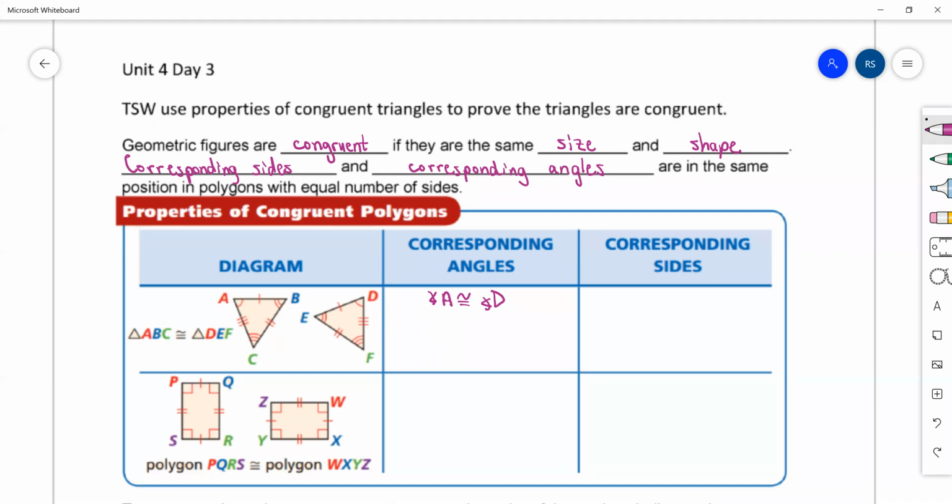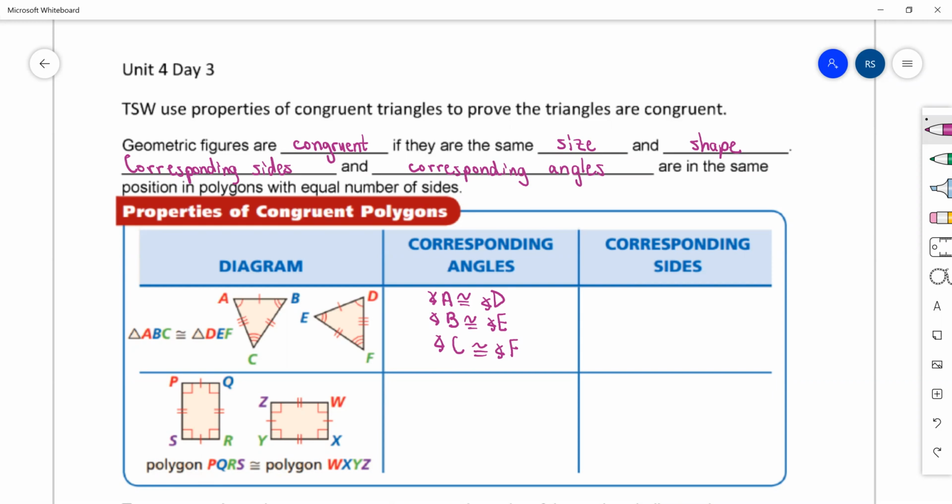Looks like that's going to be B and E. So angle B is congruent to angle E. And then last but not least, we have angle C congruent to angle F. So those are corresponding angles of our triangle.